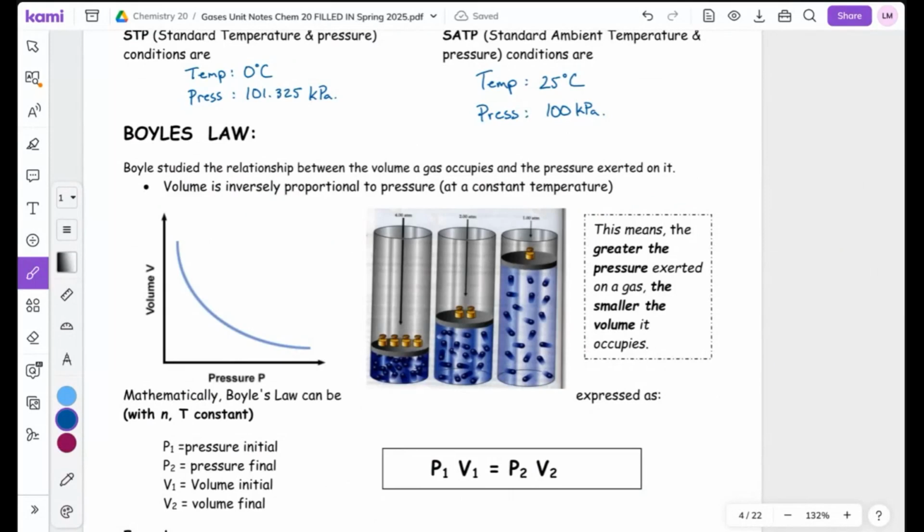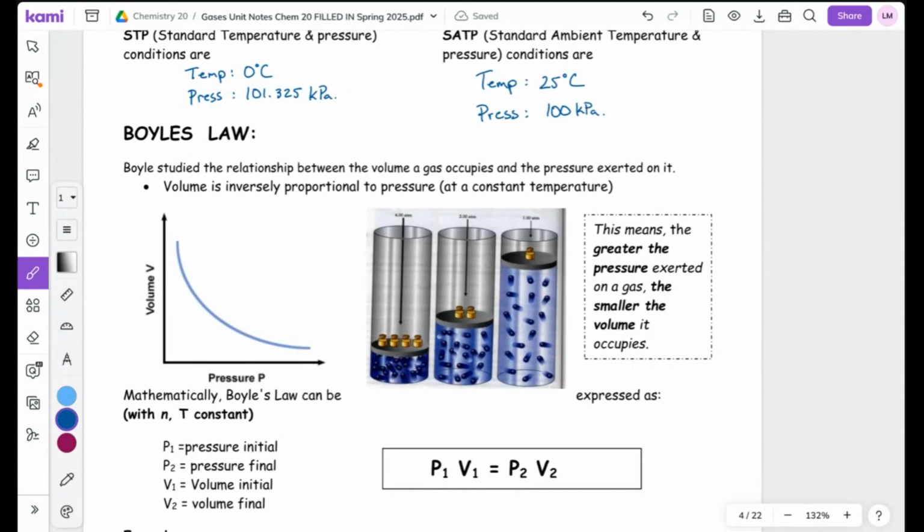So looking at our first law here, which is where we're going to start getting into calculations, it's called Boyle's law. Basically, the scientist with the last name of Boyle studied the relationship between the volume of gas and the pressure exerted on it. What he found is that volume is inversely proportional to pressure, as long as you assume a constant temperature as well as a constant amount of that gas.